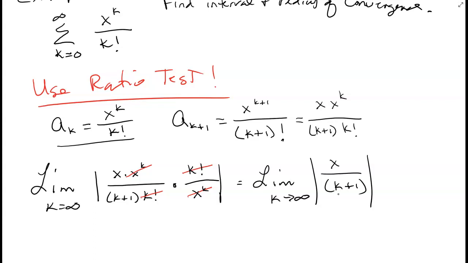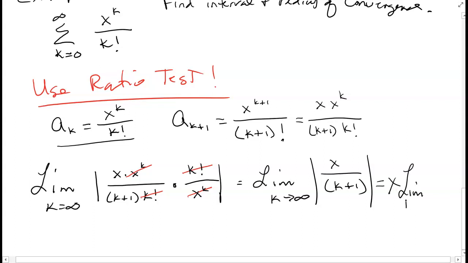Okay, so we have the limit as k goes to infinity of, now what you want to remember when you're doing limits, and you don't have to do this, but it's a good thought: you're only taking k to infinity, not x. X is kind of a constant in this case, so we can move that out front. It's not part of what we're taking to infinity.